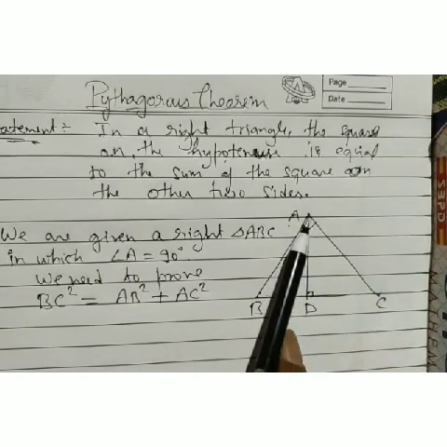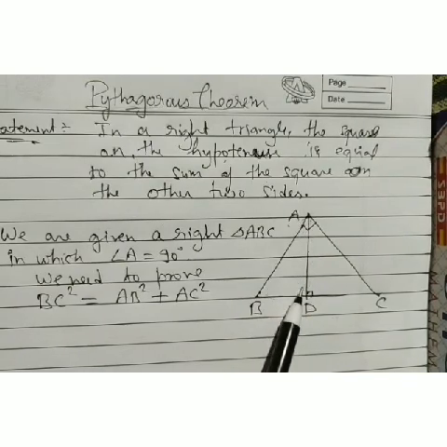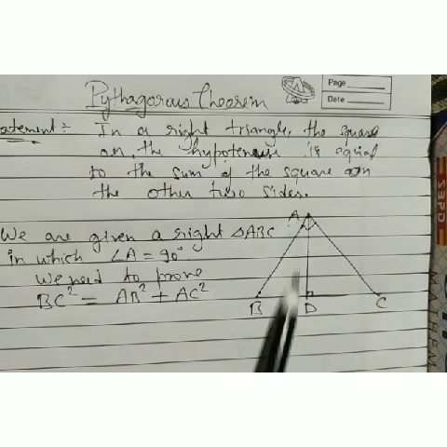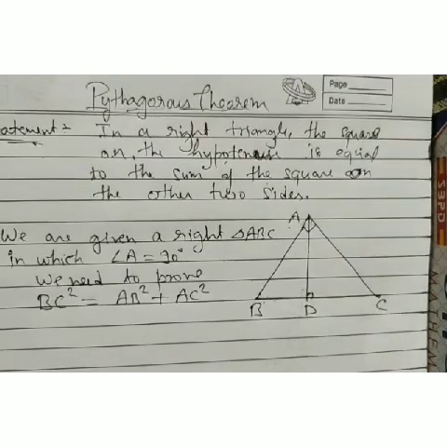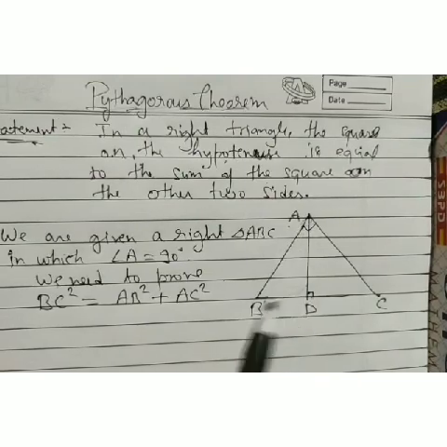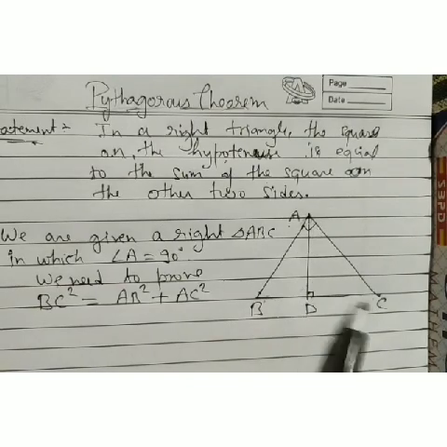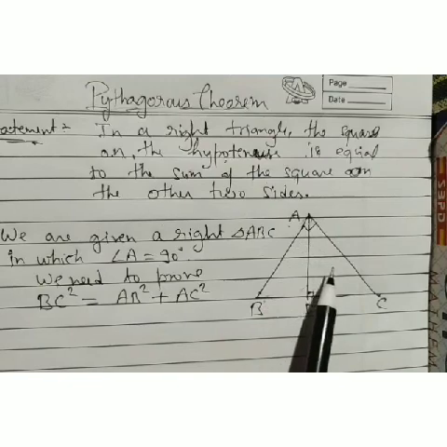When we draw a perpendicular from vertex A, we get two right angle triangles, ADB and ADC. We can show that triangle ADB is similar to triangle ABC, and also that triangle ADC is similar to the whole triangle ABC. Using this concept, we are going to prove the Pythagoras theorem.